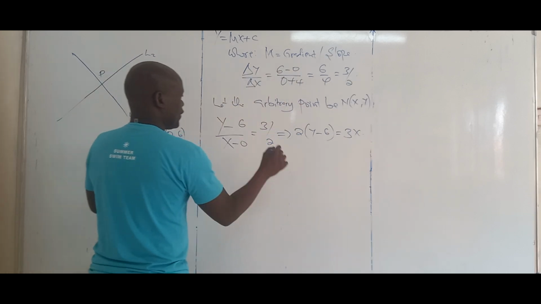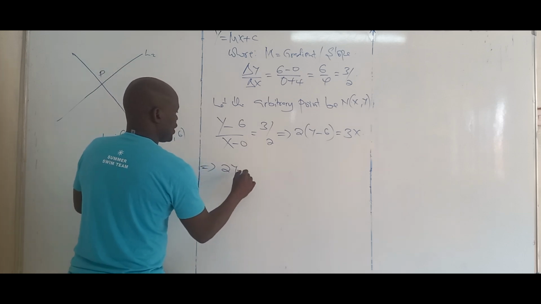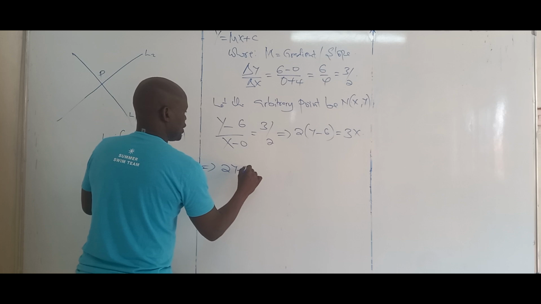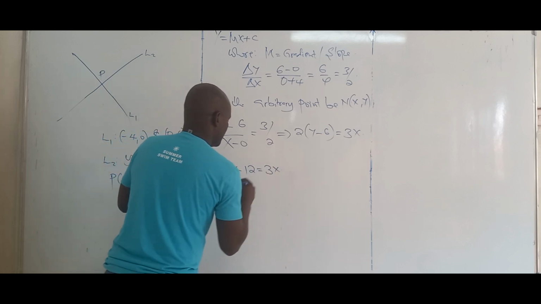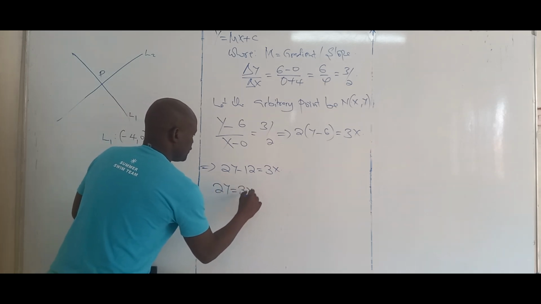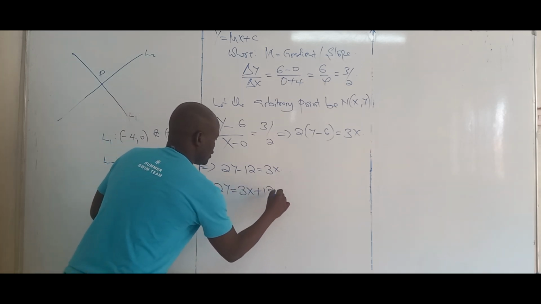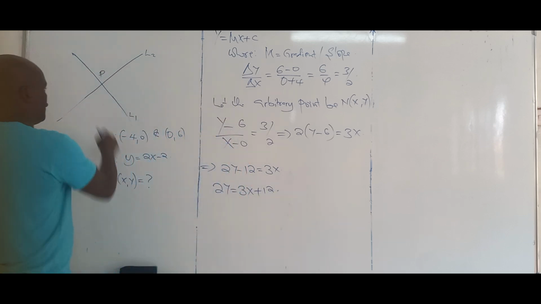Opening the bracket, that will be 2y minus 12 is equal to 3x. In other words, 2y = 3x + 12. So that is the equation of line 1.